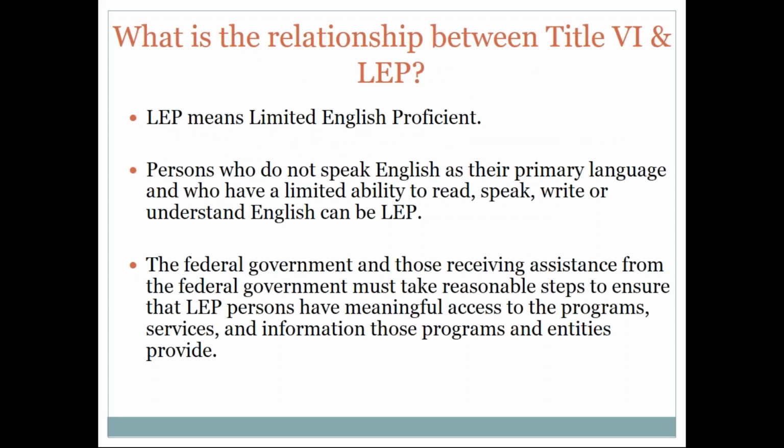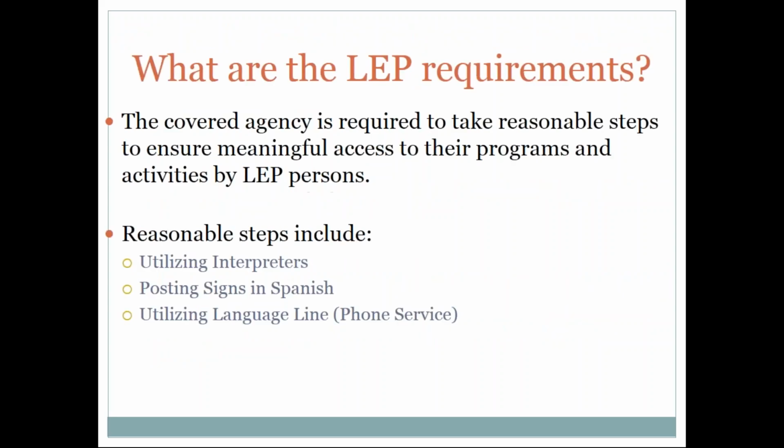And so we've already talked a little bit about this as we've moved forward, but there is a large tie between Title VI and working with LEP or limited English proficient individuals. And so basically what that says is that those receiving federal funding or federal assistance must take reasonable steps to ensure that LEP persons have meaningful access to the programs, services, and information they provide.